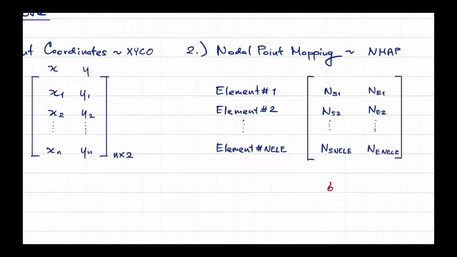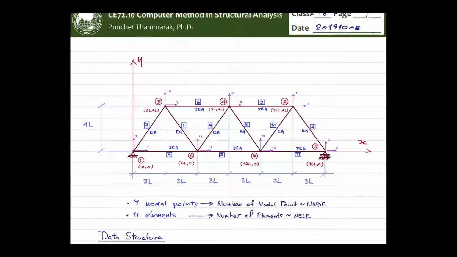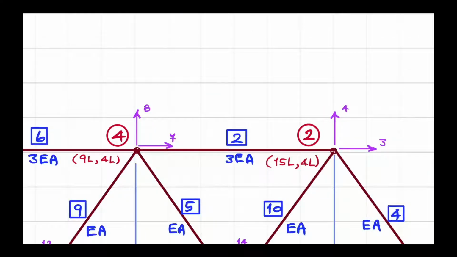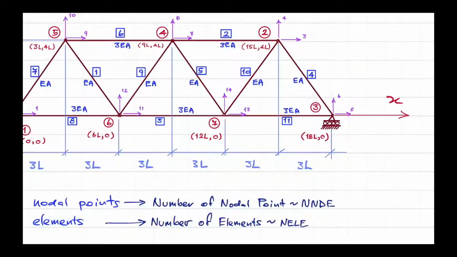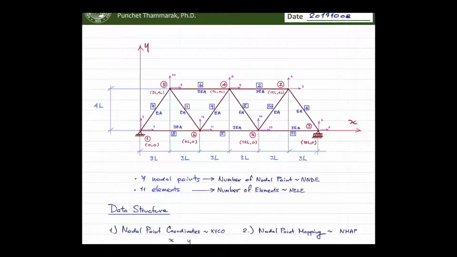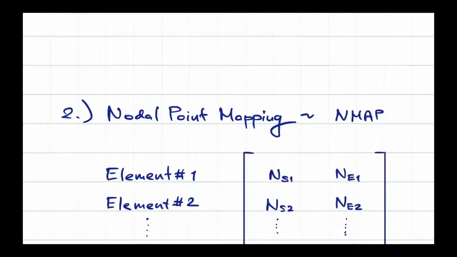Then how about element number 2, where is it? Here. You can do 2, 4 or 4, 2. It's up to you. To the last element number, I think 11, 7, 3, whatever.